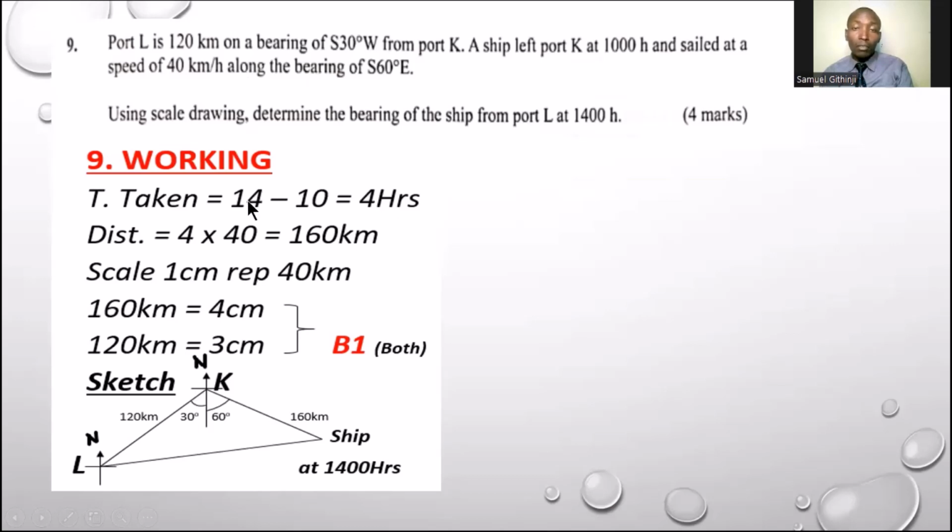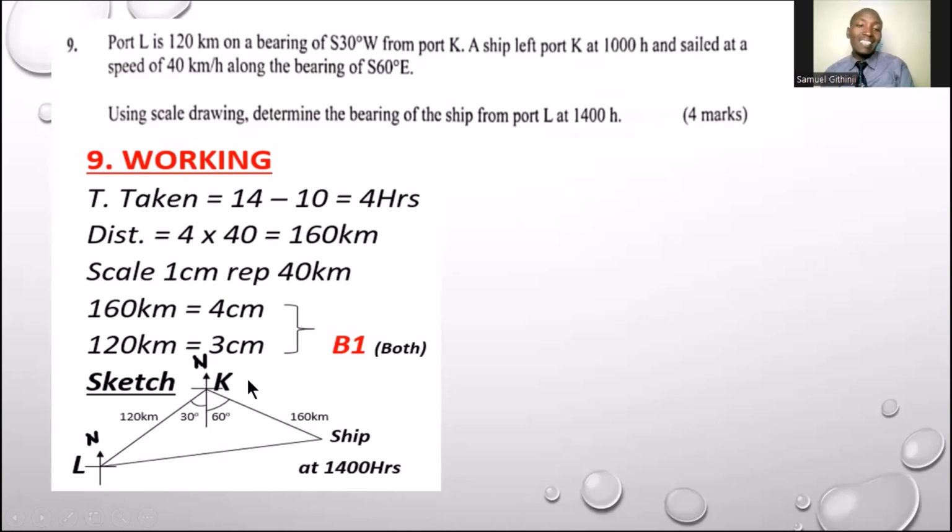But you can as well go ahead through this working. The time that the ship took to sail from the point K to where it was at 14 hours is given there. 14 hours subtract 10 hours, you get 4 hours. The distance covered is 4 multiplied by 40, 160 kilometers.